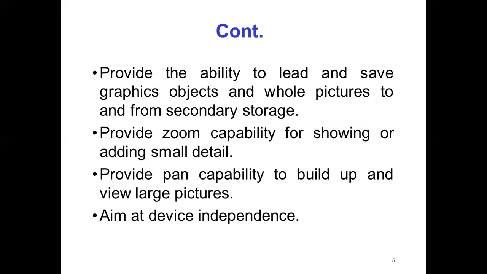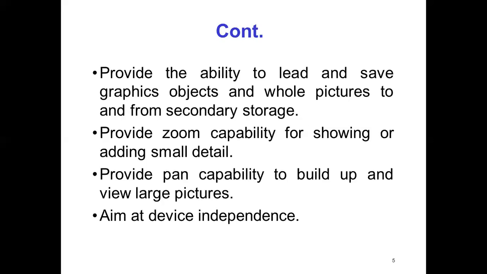Suppose we are going to design a building. Suppose an architect is going to design a building, or a mechanical engineer or draftsman is going to draw mechanical parts. Then he is not able to use the original shape and size. He cannot draw a very huge size on the display unit.